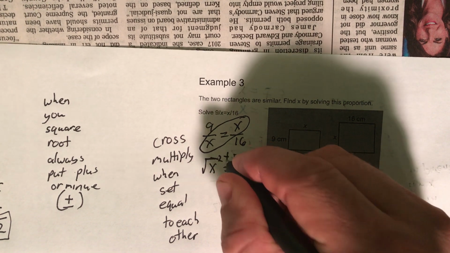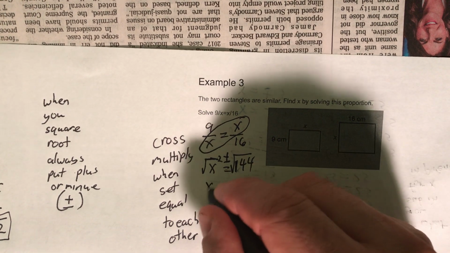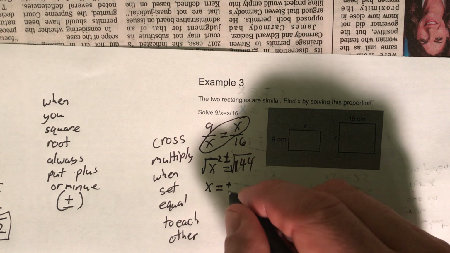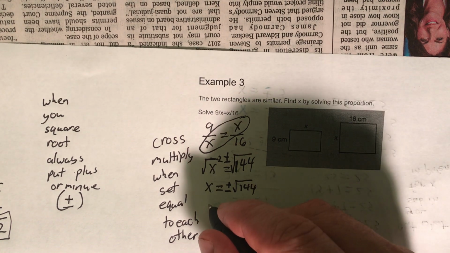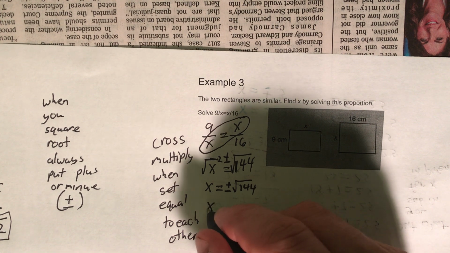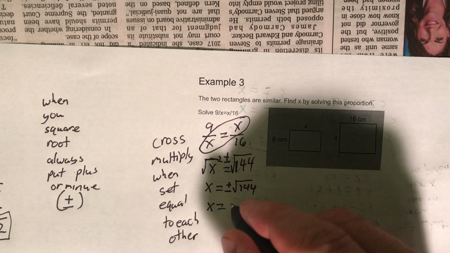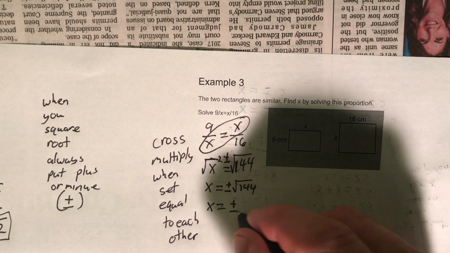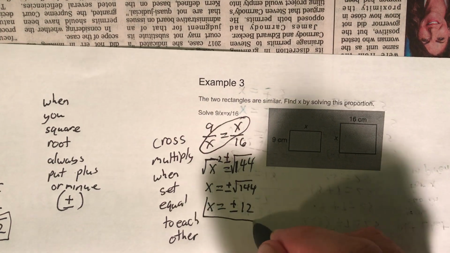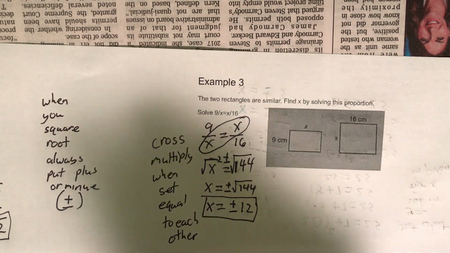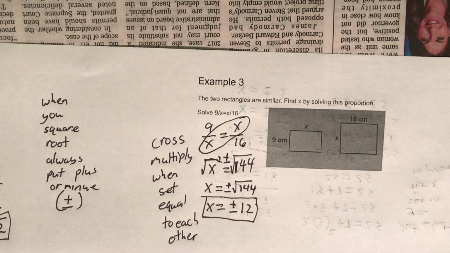Square root, don't forget your plus or minus. You're going to get x equals plus or minus the square root of 144. Can we take the square root of 144? Yes, we can, because it is 12. So there would be our answer on that one: plus or minus 12.